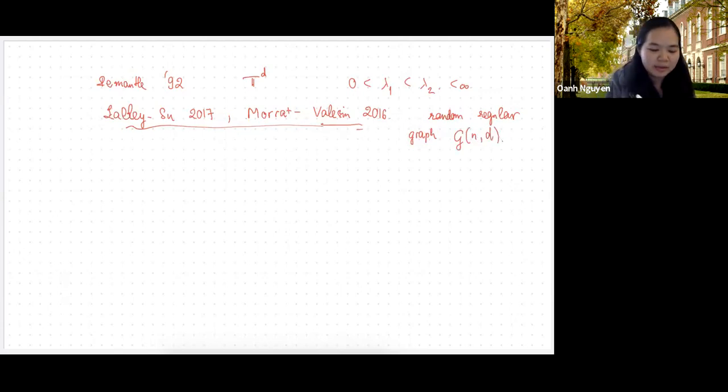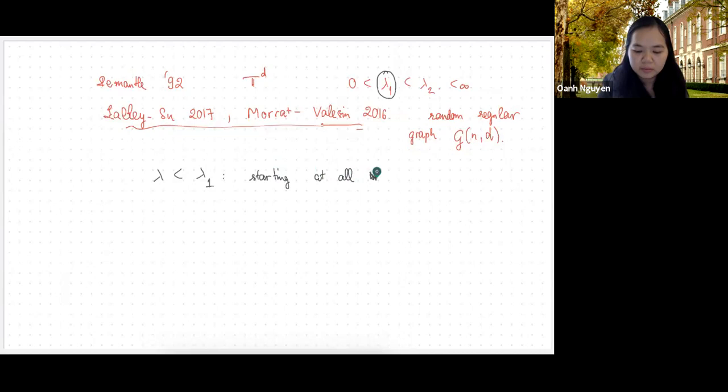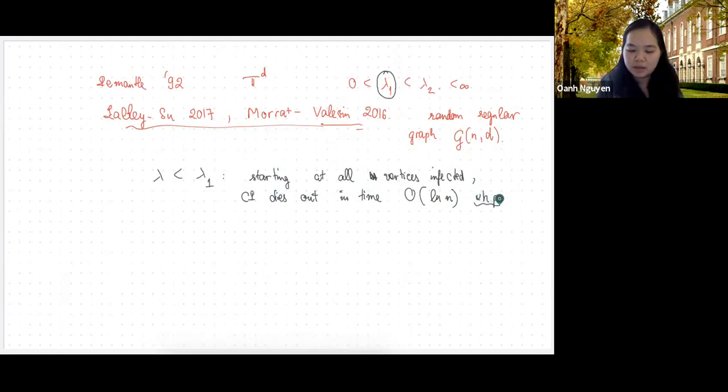They show that if lambda is smaller than lambda 1, which is precisely this lambda 1 for the regular tree, then if we start with all vertices infected, the contact process will die out in time of order log n with high probability, meaning with probability that goes to 1 as n goes to infinity.